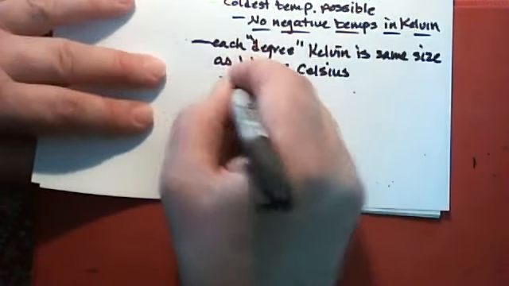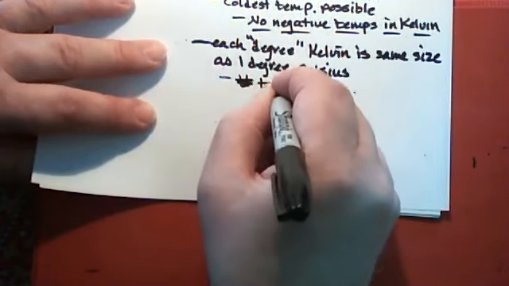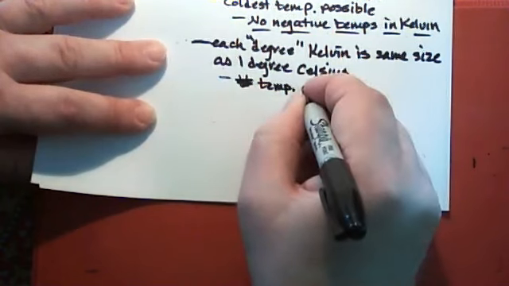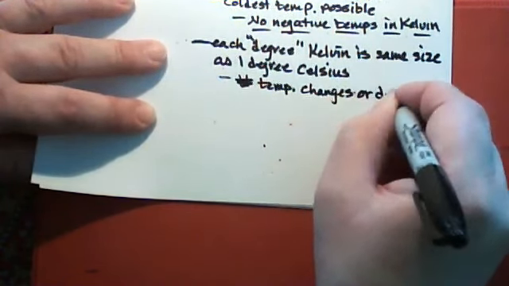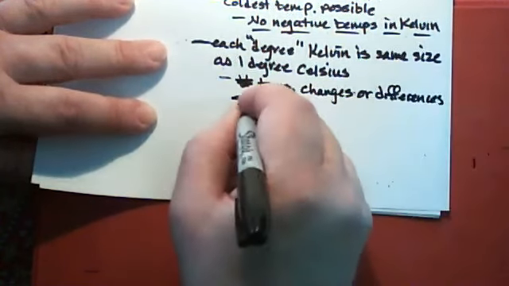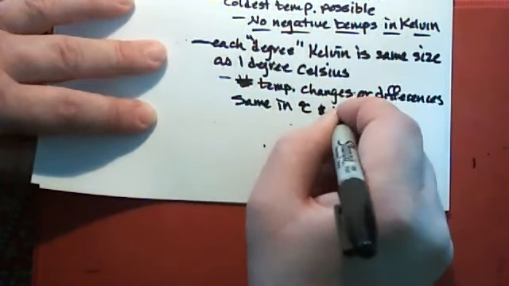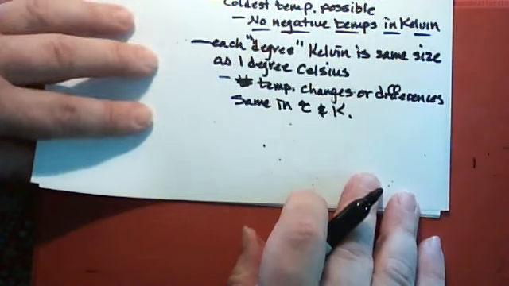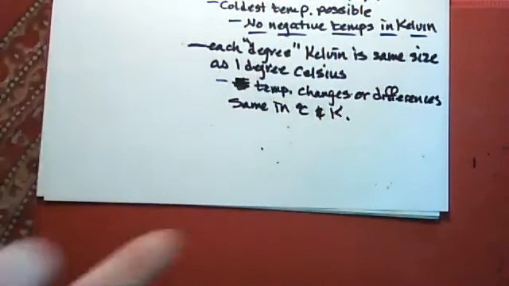So what this means is that temperature changes or differences would be the same in Celsius and Kelvin. And that can actually save you a little bit of time.